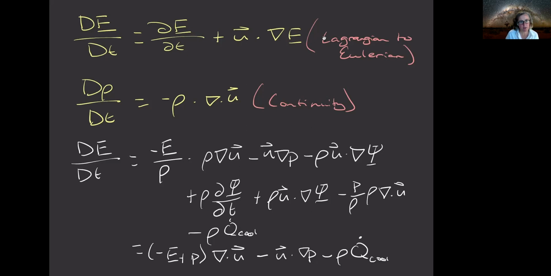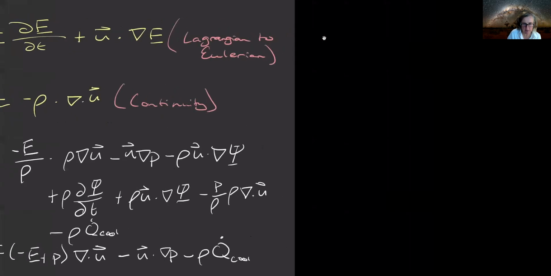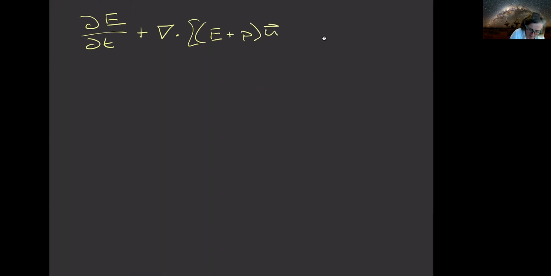And of course, substituting in for the Eulerian to our Lagrangian aspect allows us to finally write down that the change in energy with time, an energy conservation equation, plus grad dot E plus P times the velocity field is equal to the density of the medium times the cooling function plus rho times d psi dt.